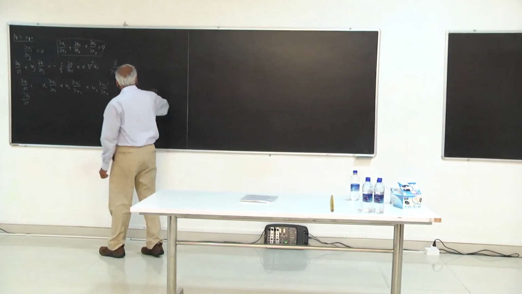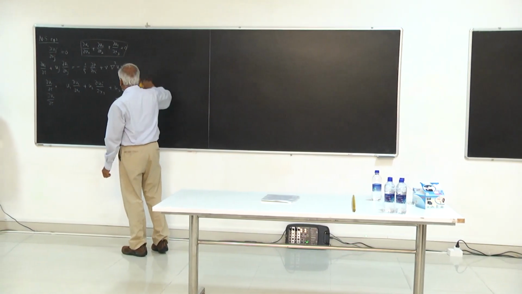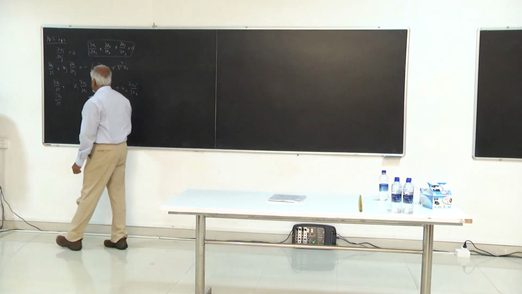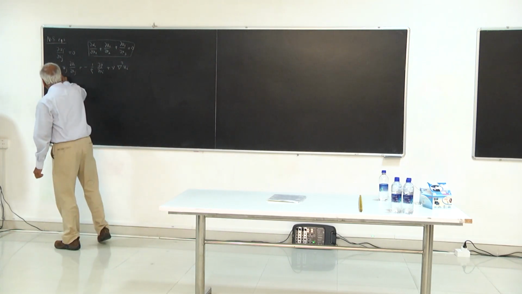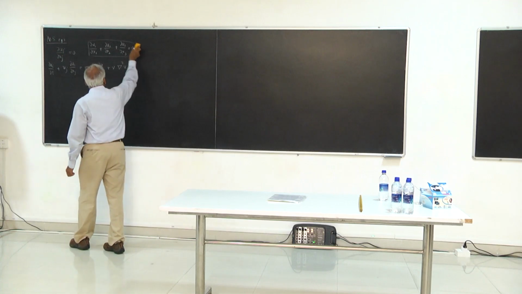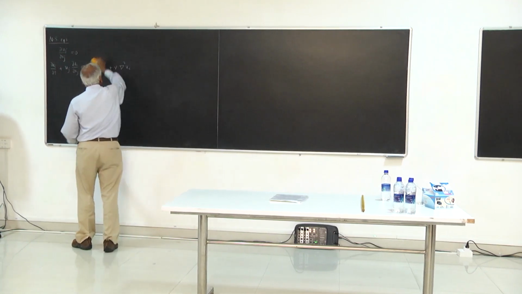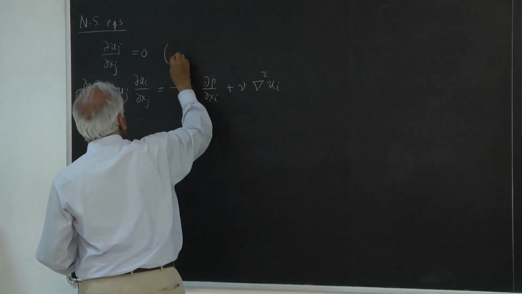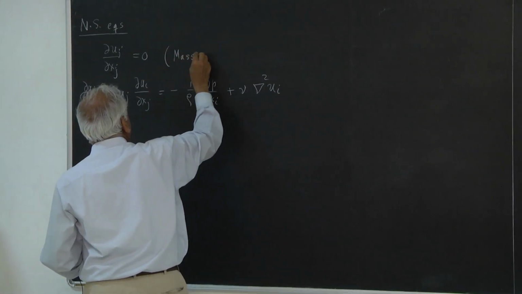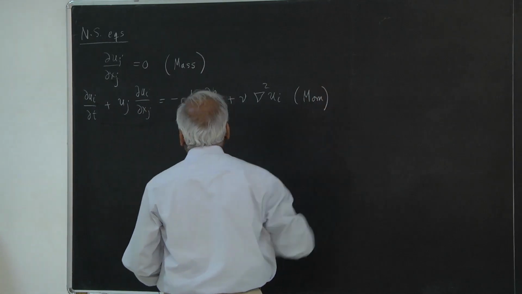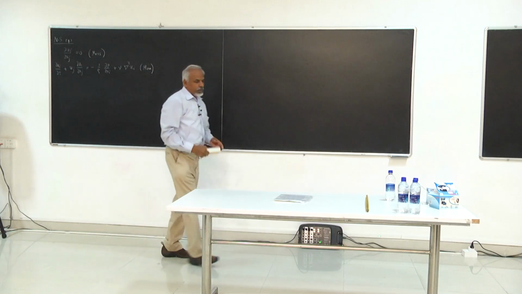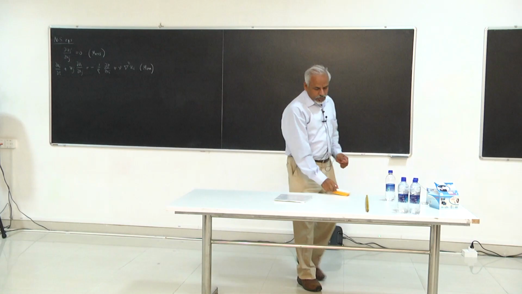You could use vectors instead of this notation, but that doesn't make it any easier in general. I don't know how many of you remember all the vector operations. But anyhow, therefore, this is mass conservation, and this is momentum conservation for the fluid.